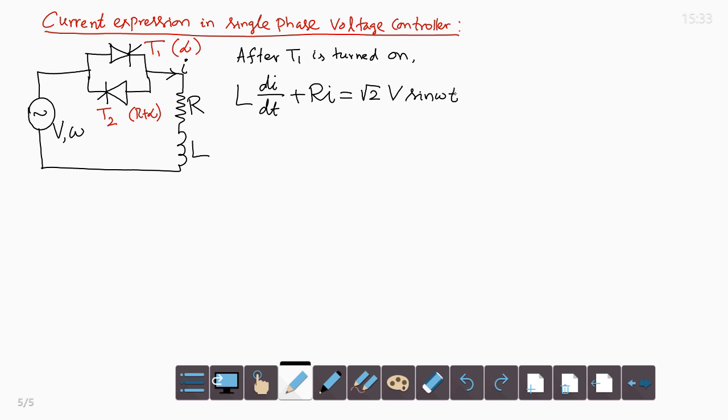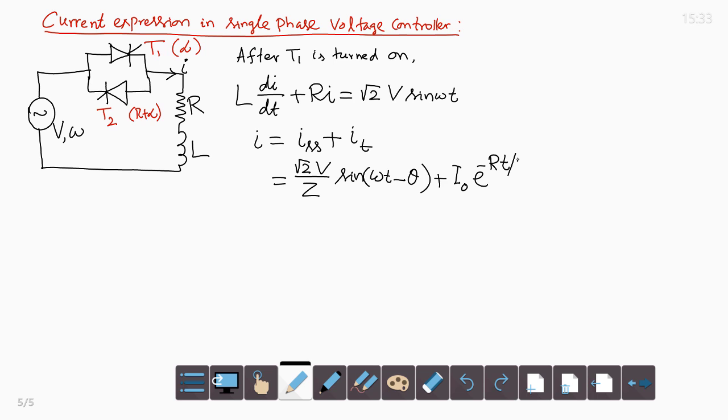So, the solution of this differential equation is given by I. It has two components, steady state component ISS and the transient component IT. Steady state component is root 2 V by Z sin of omega t minus theta, and transient component has some initial value I0 and it decays exponentially with time constant L by R, the circuit time constant.